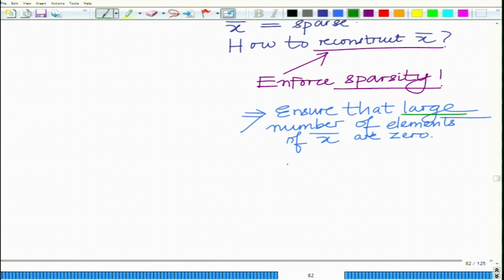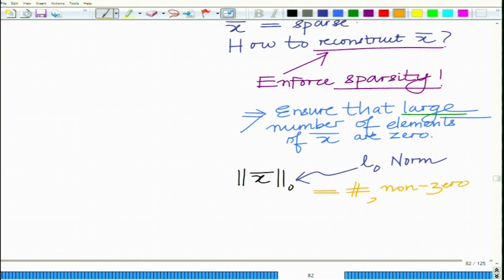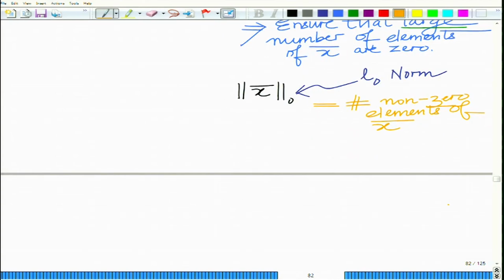This is precisely what is enforced by what we call the L0 norm, similar to the L1, L infinity and L2 norms. The L0 norm equals the number of non-zero elements of x bar. This is precisely what you want to minimize.